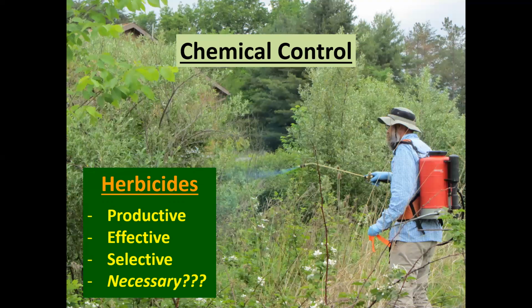So we can be very selective in our approach sometimes to control these invasive plants. And then lastly, I say necessary, because oftentimes when we look at each plant and go back through that integrated approach, we often land on the herbicide approach because we just don't have an effective means otherwise.